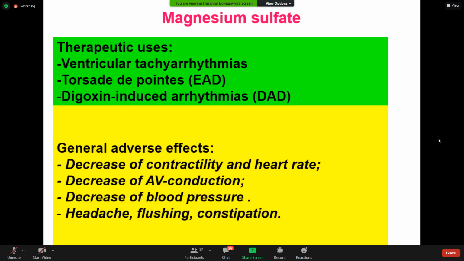So that's why we must use some antiarrhythmics for correction of digoxin-induced arrhythmias. But let's speak about adverse effects of magnesium sulfate. Don't forget that magnesium sulfate is a drug of first choice in torsades de pointes arrhythmia.